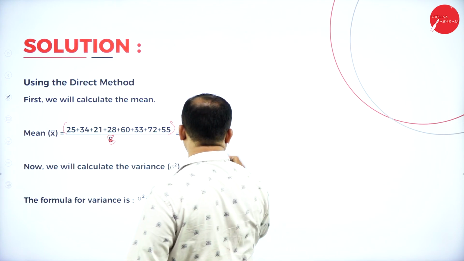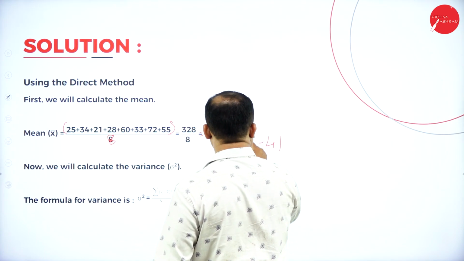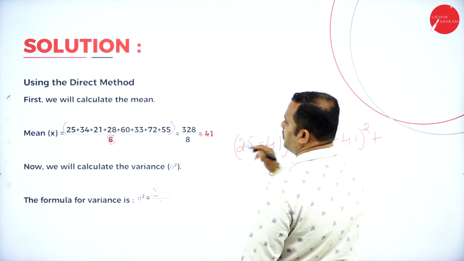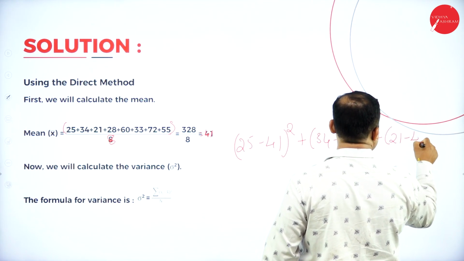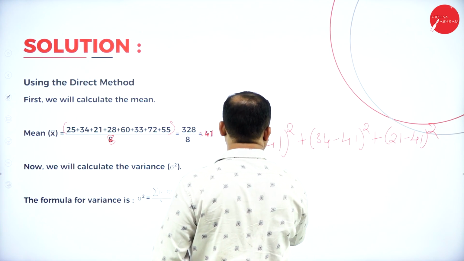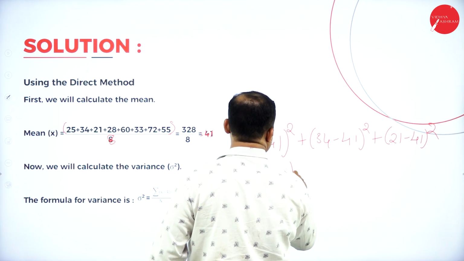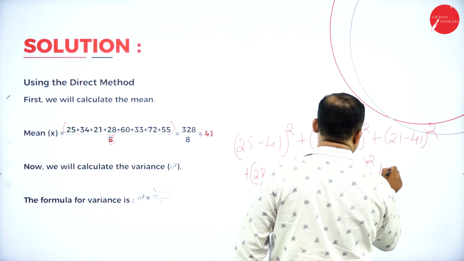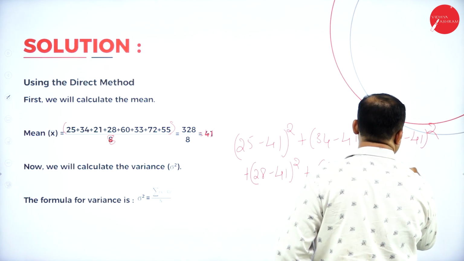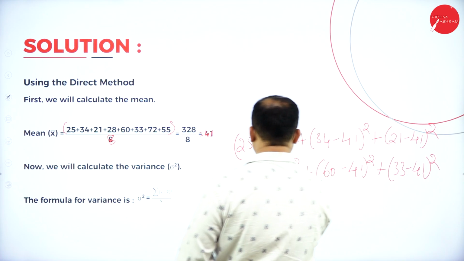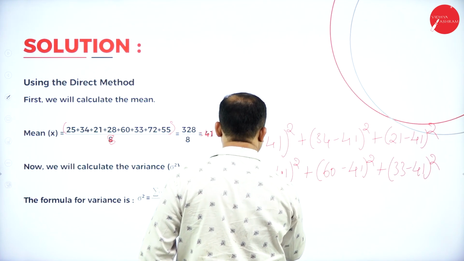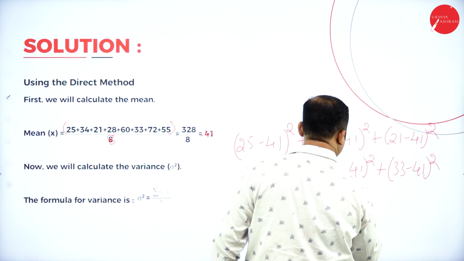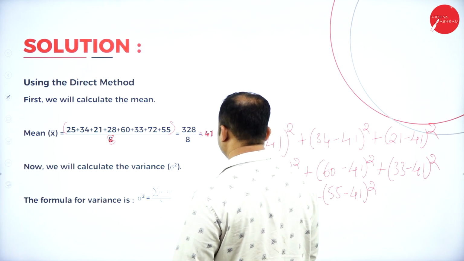What is the meaning of xi here? 25 minus 41 whole square plus 34 minus 41 whole square plus 21 minus 41 whole square plus 28 minus 41 whole square plus 60 minus 41 whole square plus 33 minus 41 whole square plus 72 minus 41 whole square plus 55 minus 41 whole square, that is equal to the value.